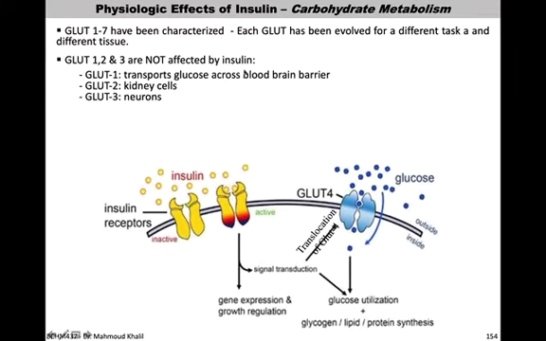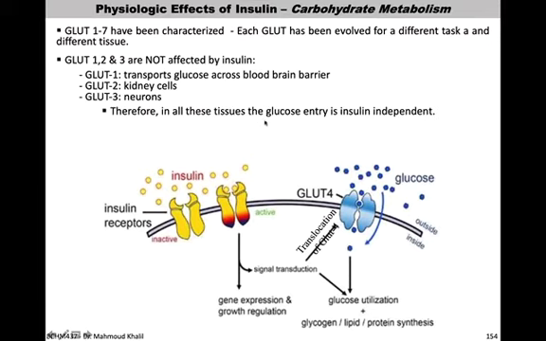If there were insulin, it might switch off the process of free absorption from the kidney or the propagation of the nerve impulse. As well, the brain needs glucose all the time, so insulin has no effect on GLUT1, 2, or 3.